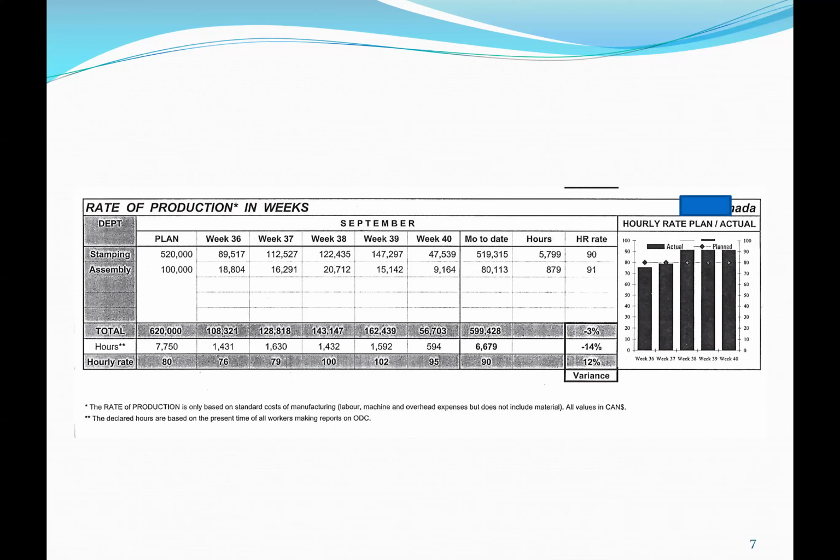As you see, week 36, we have output, which is cost of manufacturing, $108,321, and input, which is our direct labor, 1431 hours, which is going to give us a $76 per hour rate. And as you see, there was improvement in this period, going from 76, 79, 100, 102 every week. In one of the later classes, I'll explain how it really worked. I worked for this company.